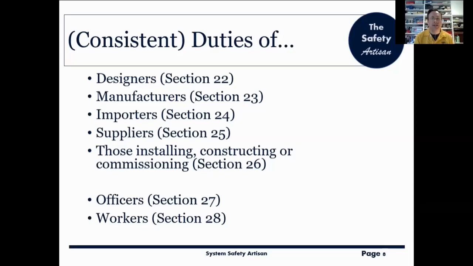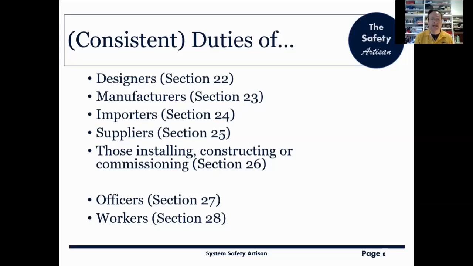And the duties in these sections are all consistent, and basically it recognises that there's a supply chain from designer right through to installation and commissioning, and everybody in that chain has duties to do their part correctly, and also to test what they have to, and to pass on information to the next set of stakeholders.